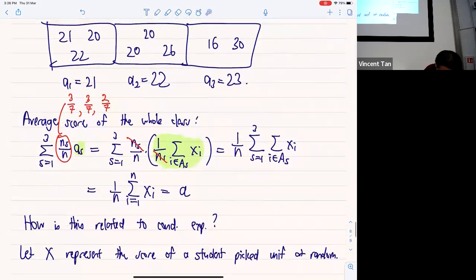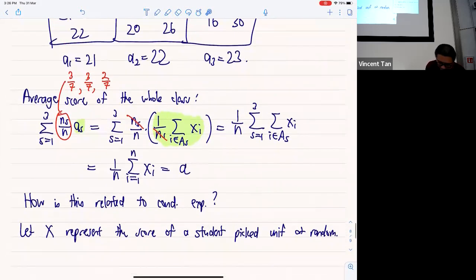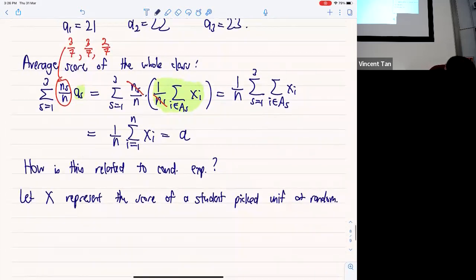So X is basically this with probability 1 over 7. It's basically 20 with probability 3 over 7. It's this number with probability 1 over 7, this number with probability 1 over 7, and so on and so forth. X is the score of a student picked uniformly at random in the class. And let Y be the tutorial number of a randomly chosen student.